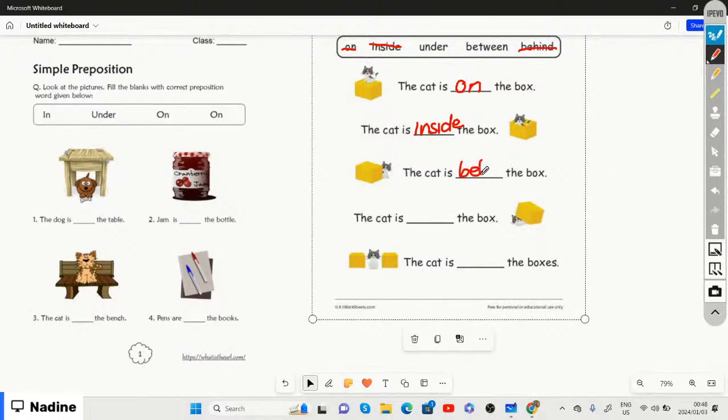He's hiding behind the box. And then the cat is under the box. Is the cat under the box or between the boxes? And here we can say the cat is under the box. And then the last one is where we can say the cat is between the boxes.